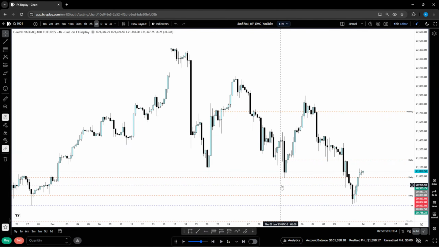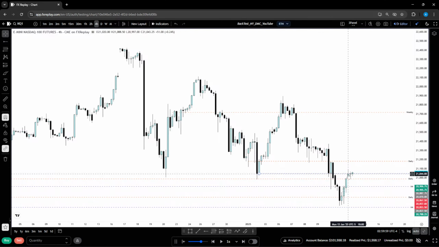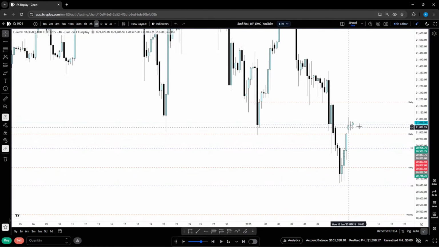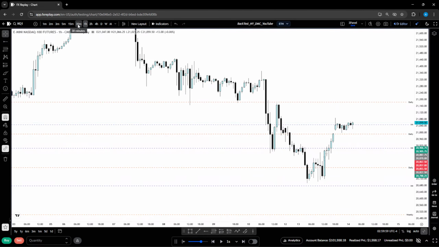So we're having this 4 hour, which I don't know why I didn't draw at the time. So we'll see if this is gonna reject us again. So far it has not been very successful breaking above, so we'll see if London is gonna break above. The next one is gonna be this level.